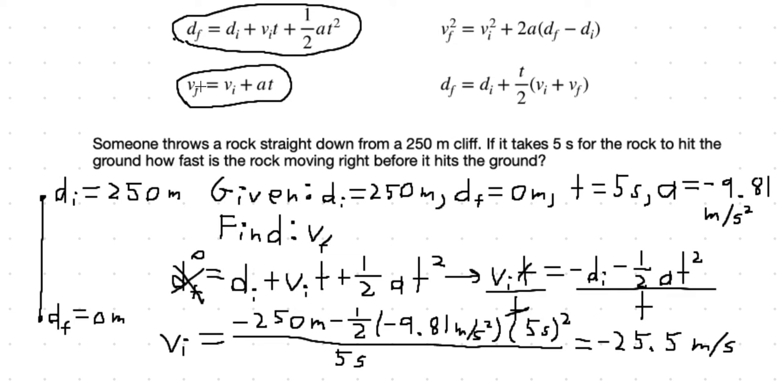Now we can use the second equation, VF is equal to VI plus A T, to solve for VF.